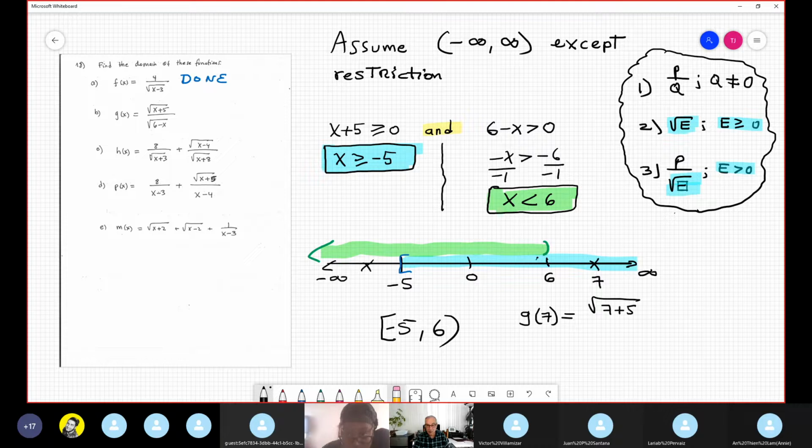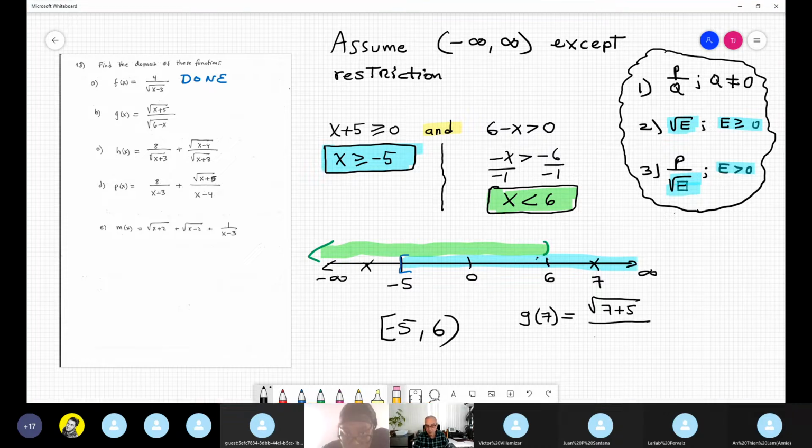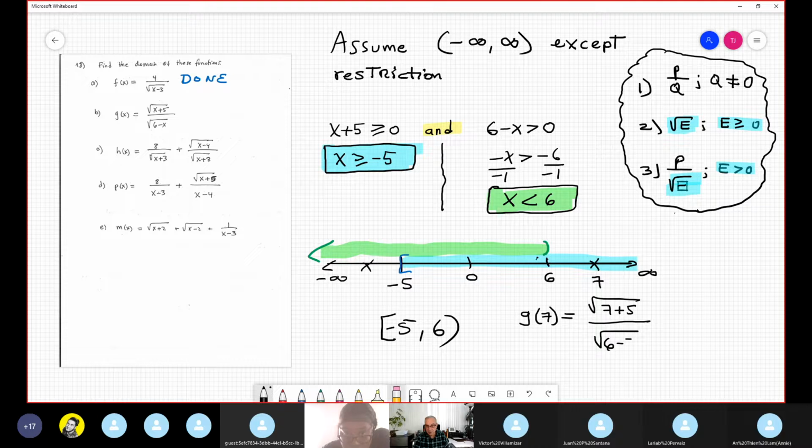I plug in here, replace x with 7, divided by square root of 6 minus 7. On the top, we have no problem. Remember, the top represents the blue part. It's a real number. But in the bottom, no. The bottom is an imaginary number because 6 minus 7 is negative 1. Square root of negative 1 is i.